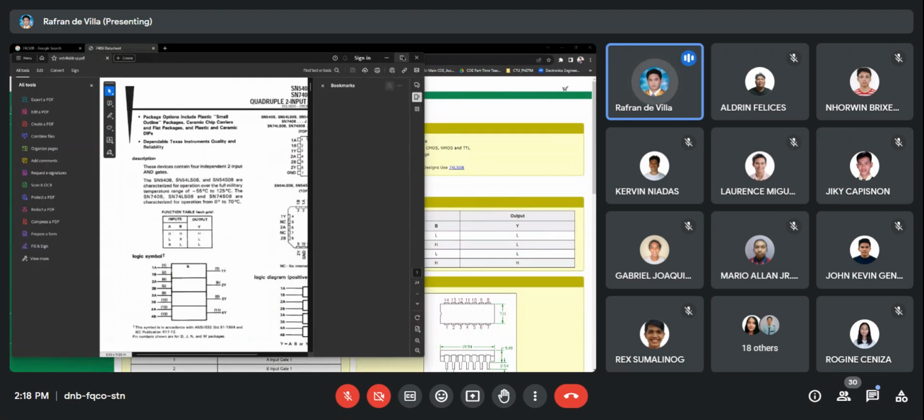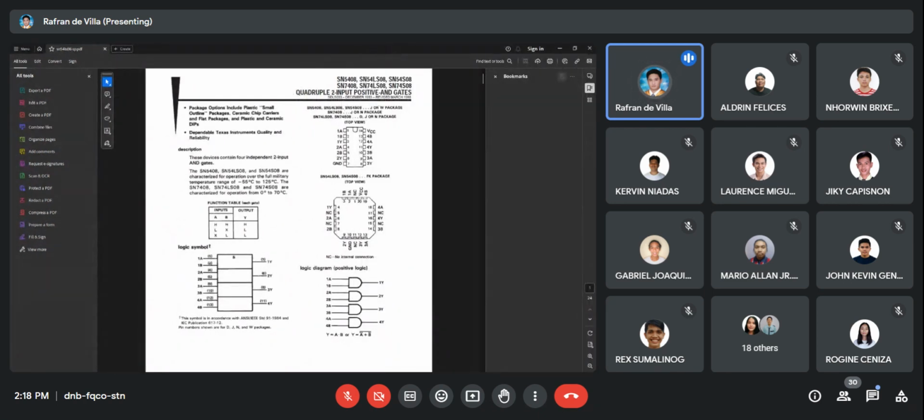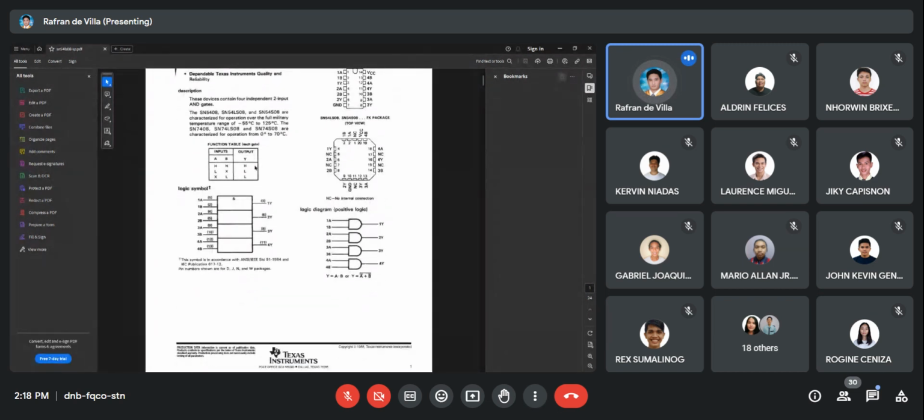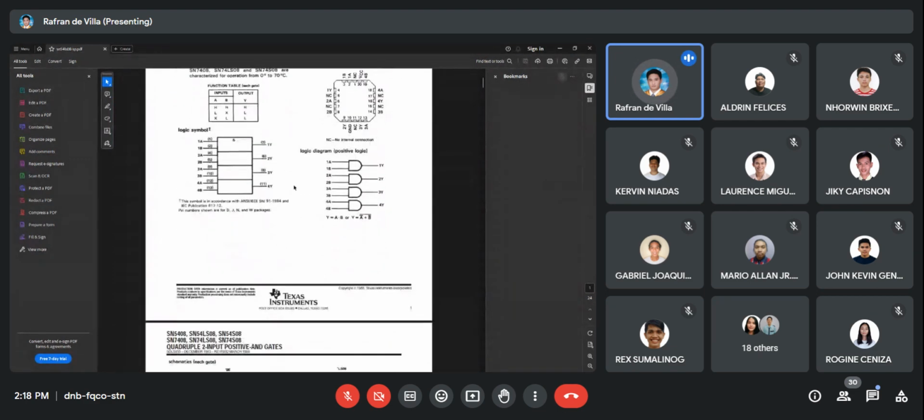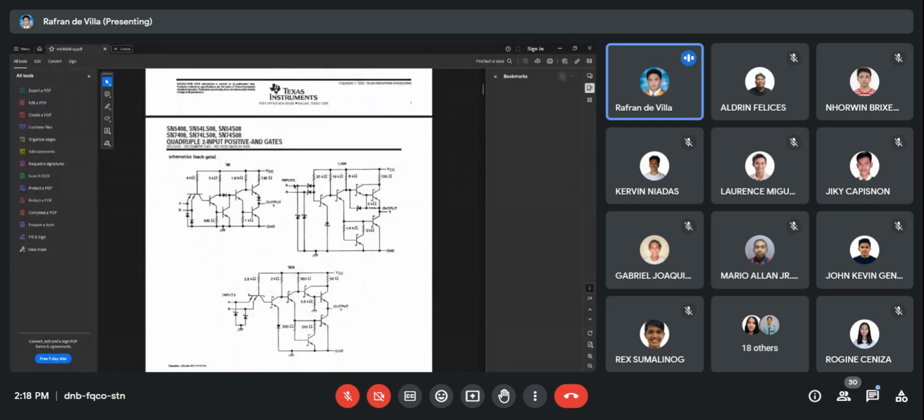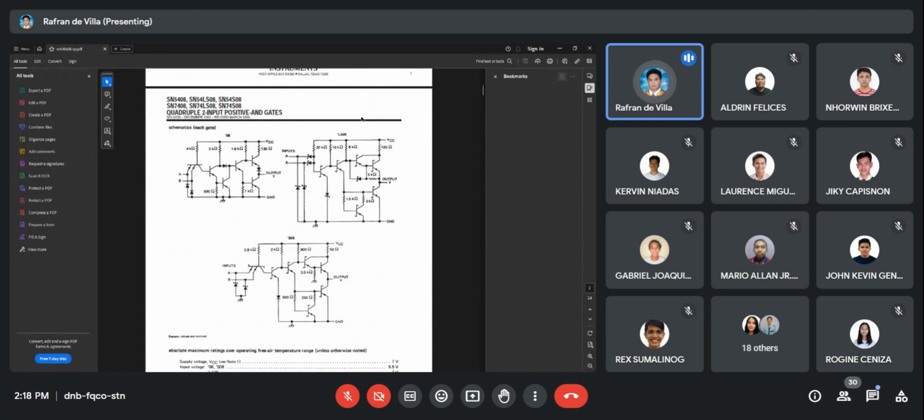So this is the data sheet for the 74LS08 IC. Okay. I think you are familiar with the function table. And you'll also be seeing here the schematics of how an AND gate is created using transistors.